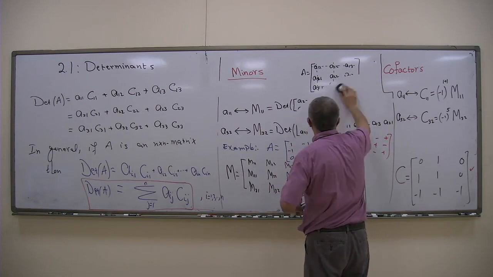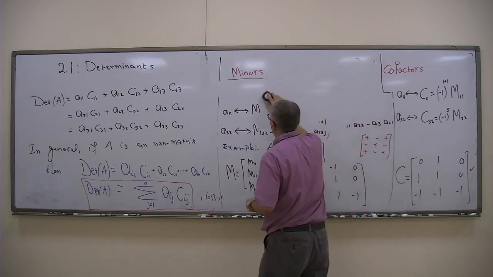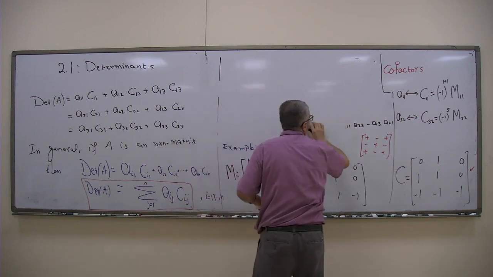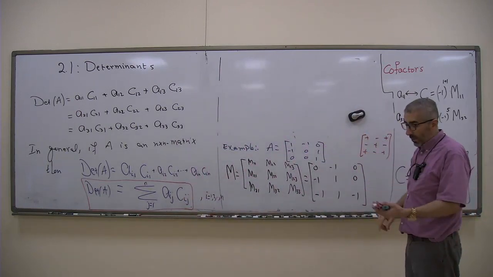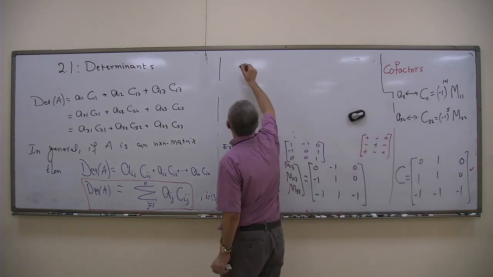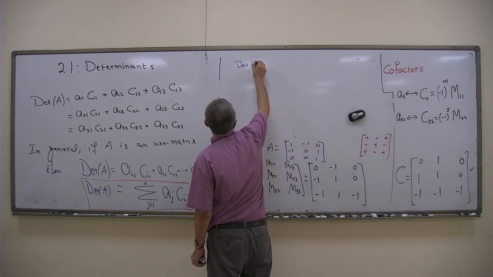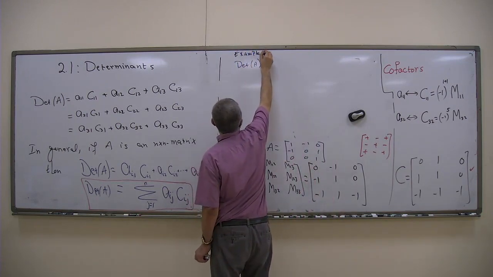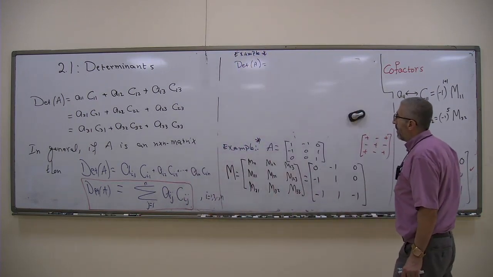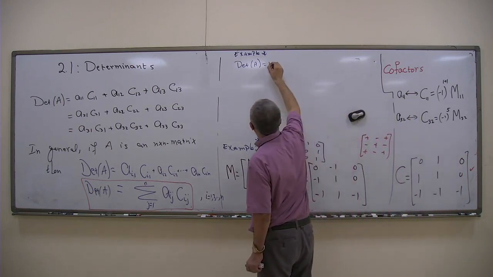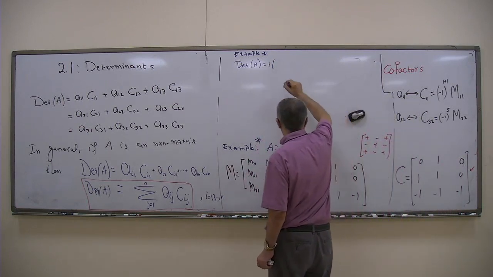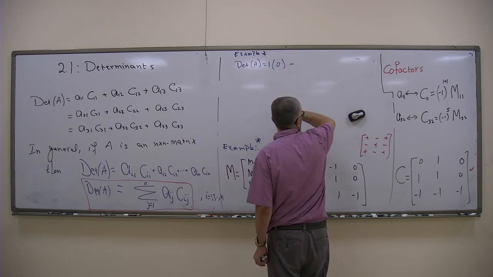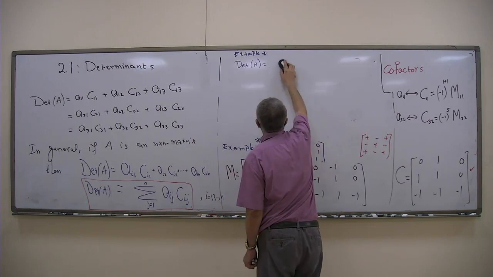Okay, so let's go back to this example and see what is the determinant of this matrix. The determinant of A in this example is, let me write it step by step.